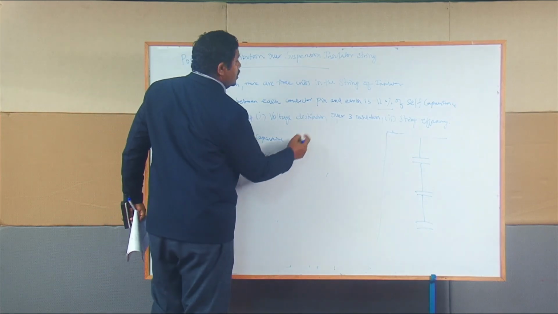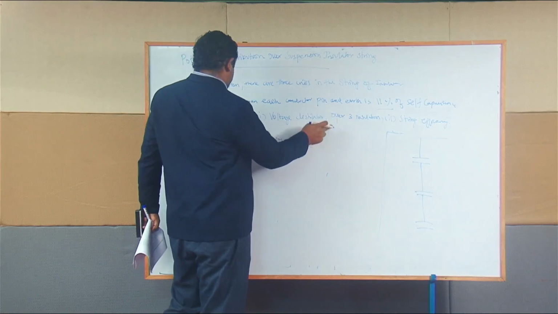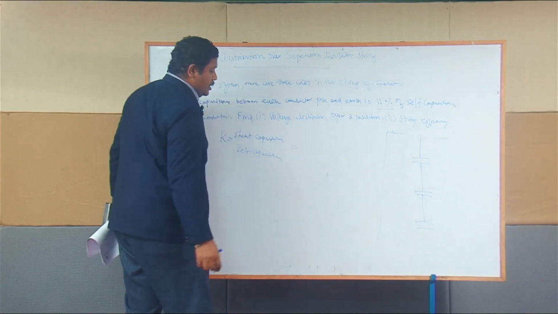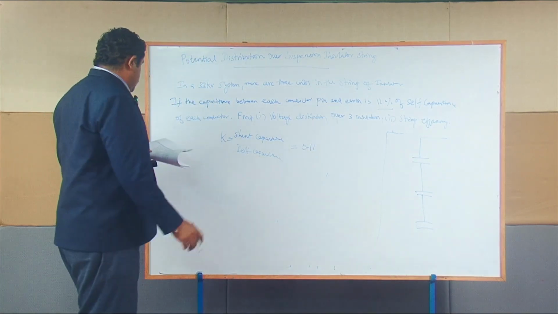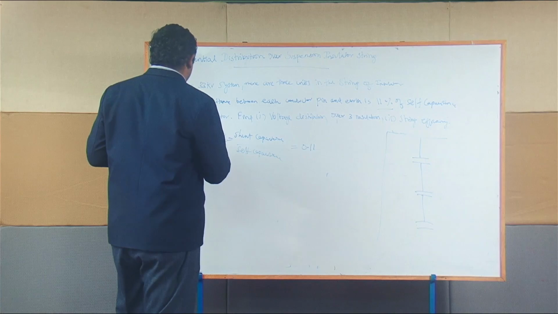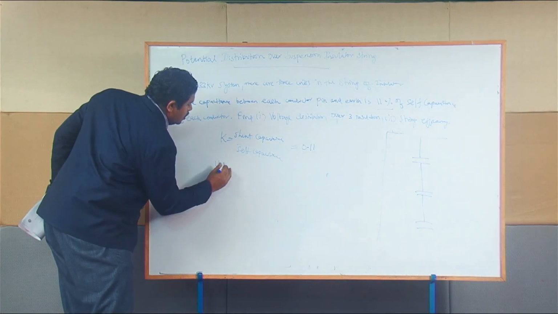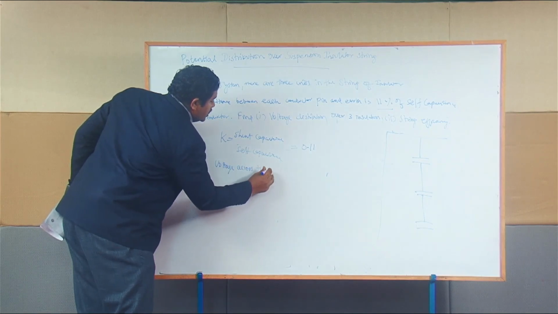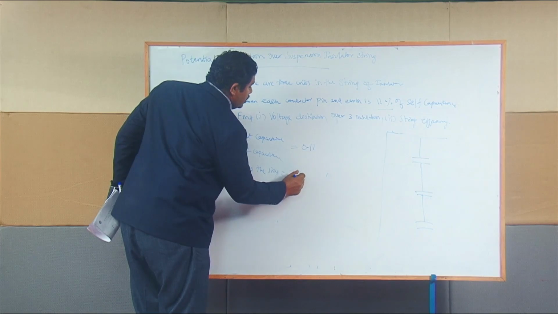The ratio of shunt capacitance to the self capacitance is given as 11%, which means it is 0.11. And the total voltage across the string is given here as 33 kV.